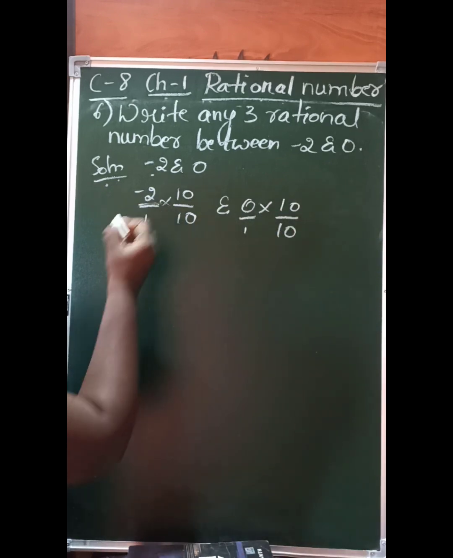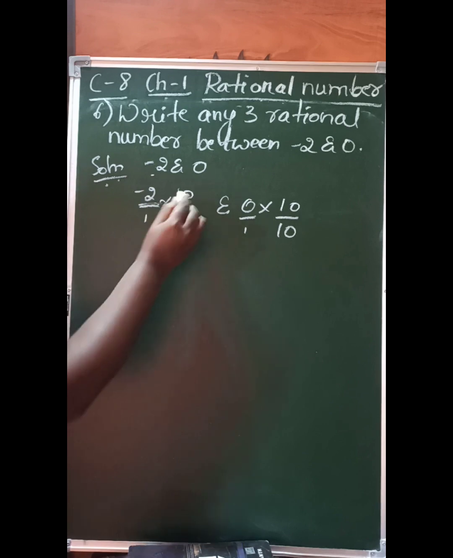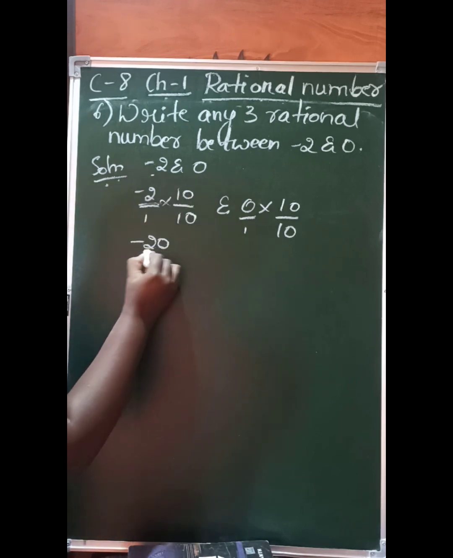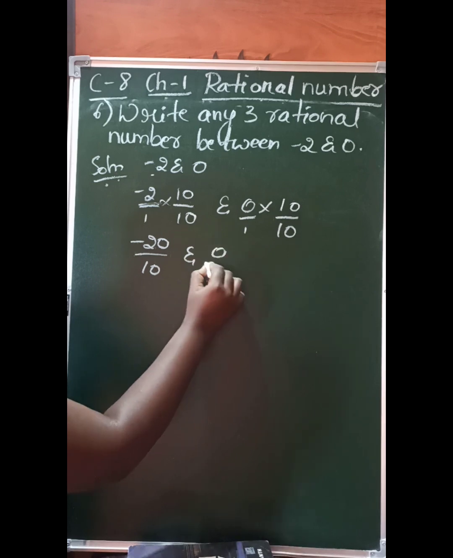As we know that if no number exists in the denominator, it means 1 is there. So minus 2 into 10 is minus 20 divided by 10, and 0 into 10 is obviously 0. So 1 into 10 is 10.